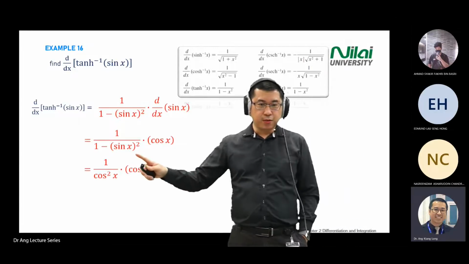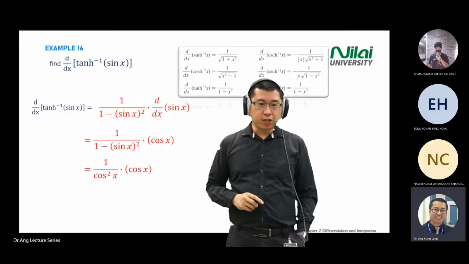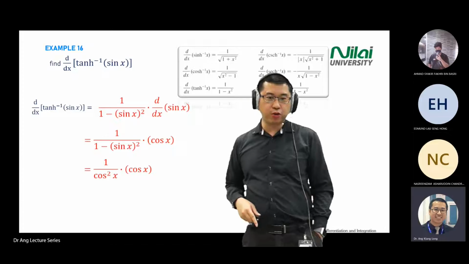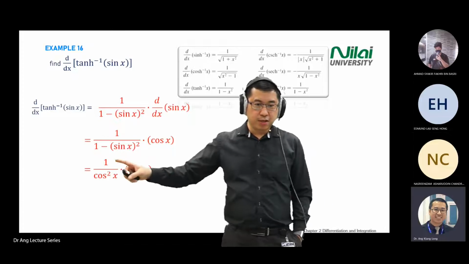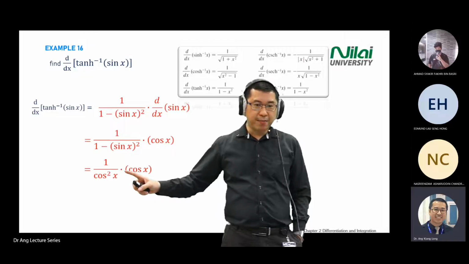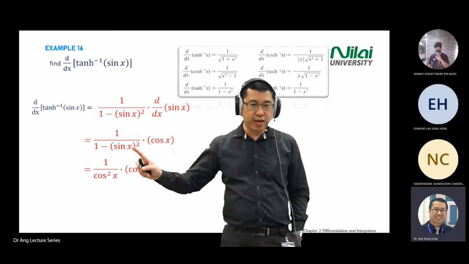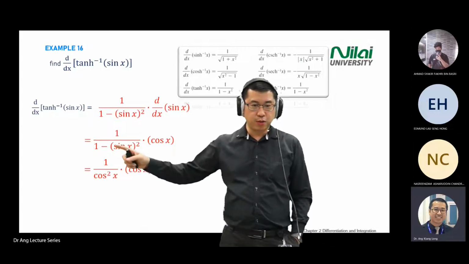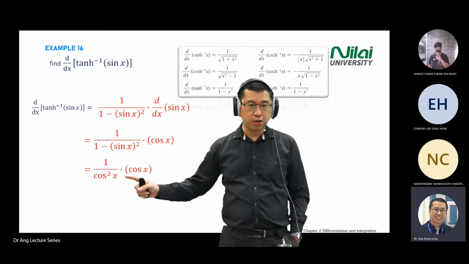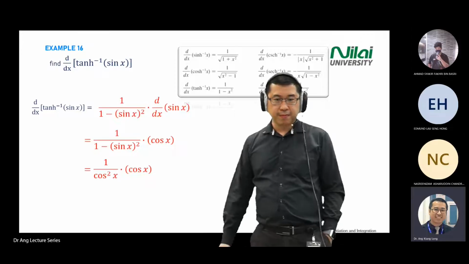If you're taking Math 1, then I will give you, but you're taking Math 2, so I assume you already know. So cos squared minus sin squared equal to 1. So you simplify this relationship to cos squared x.